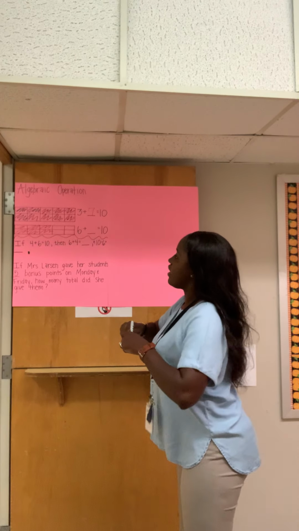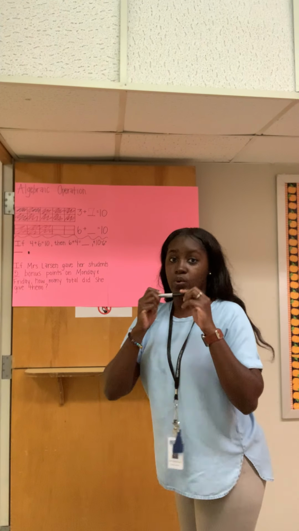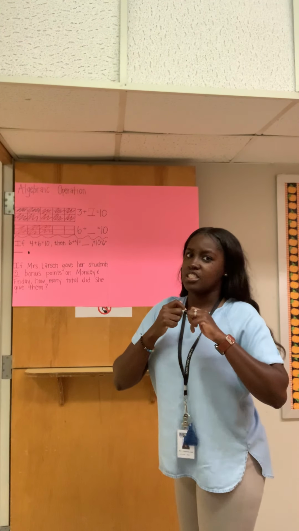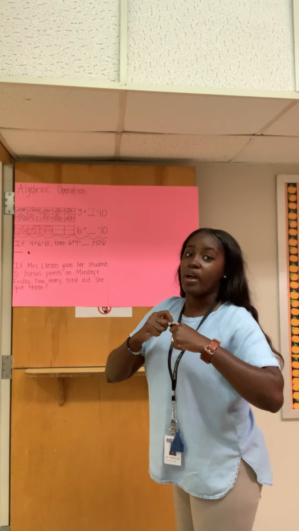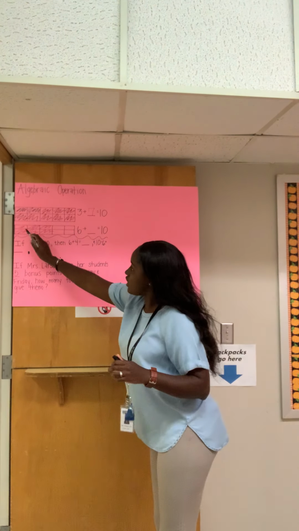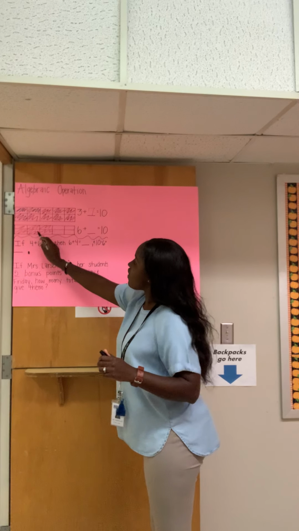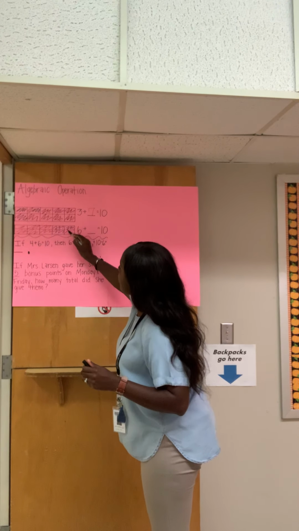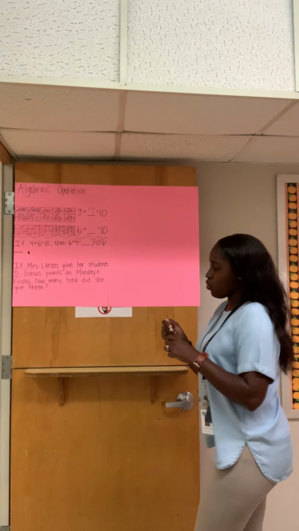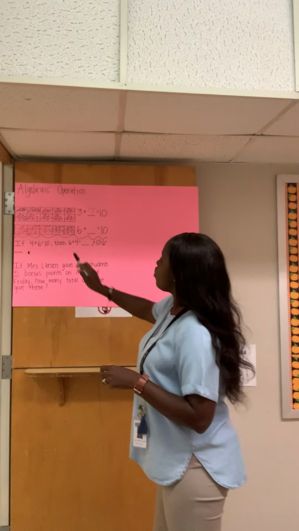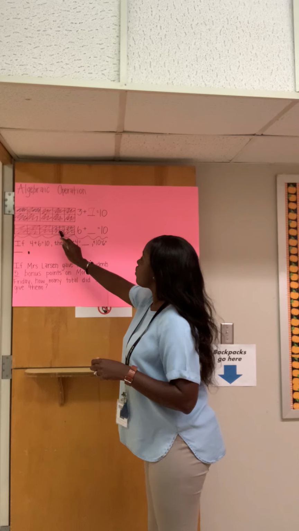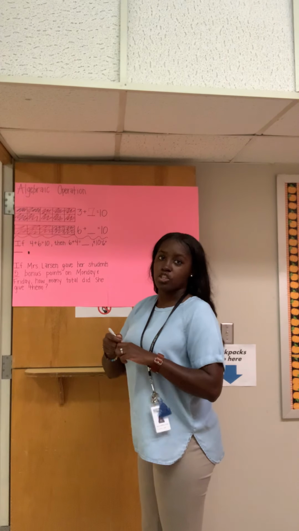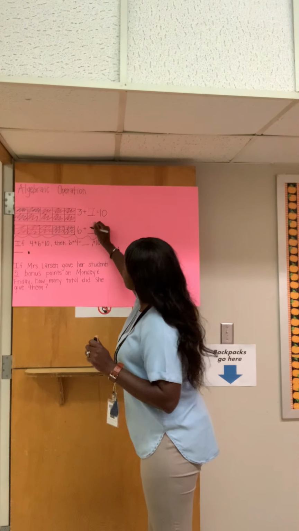Now with a different color, let's shade to see how many more we need to have a total of 10. So we have 6. 1, 2, 3, 4, 5, 6, 7, 8, 9, 10. So we needed 1, 2, 3, 4. A total of 4 to get 10.